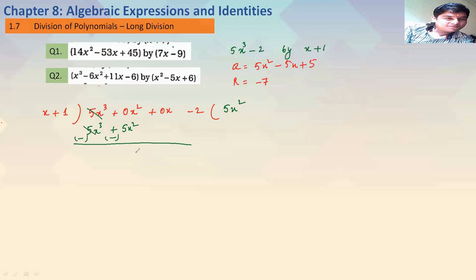You are absolutely correct up to here: minus 5x squared plus 0x minus 2. Next we took minus. Why did you take minus? Oh, it's my mistake actually. So minus 5x, very good. Sorry, this must be minus 5x.